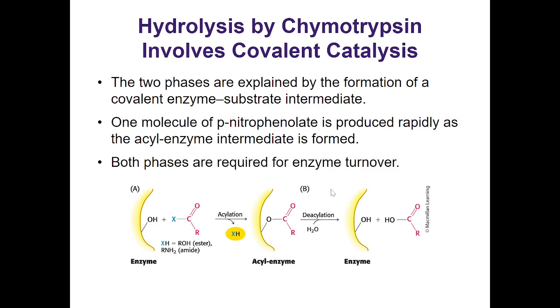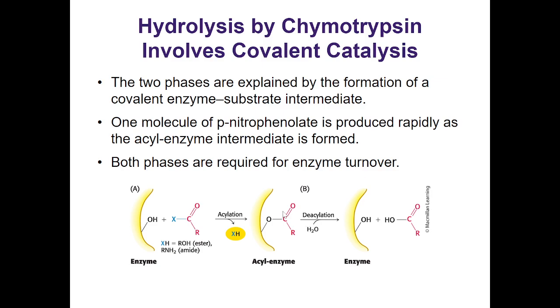A lot, okay? This is going to show up in the citric acid cycle, and you'll really love that one. So anyways, this is the acylation reaction. We'll get the acylated enzyme, and so this is the acyl enzyme complex, or another way of saying that is the acyl form of the enzyme.